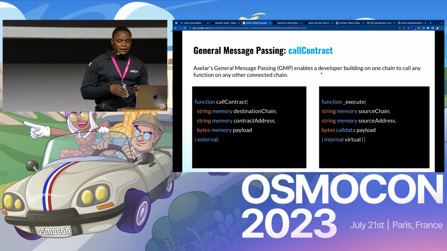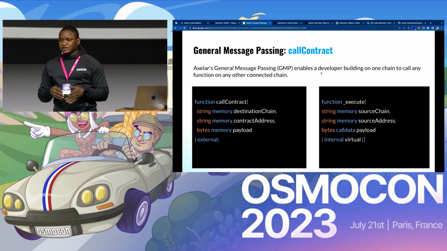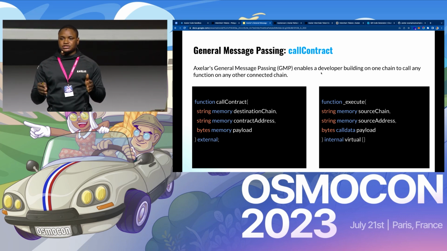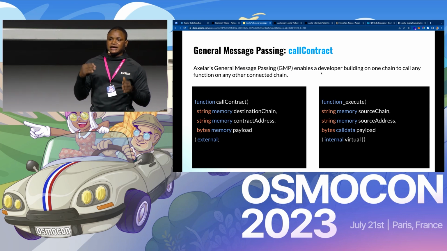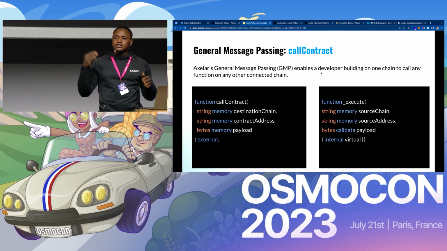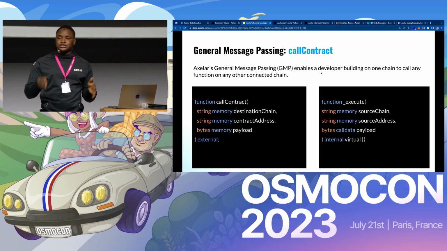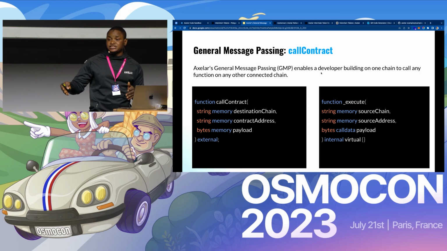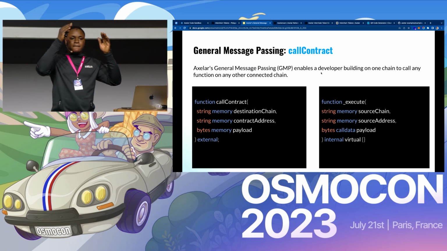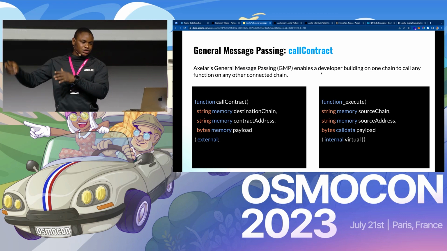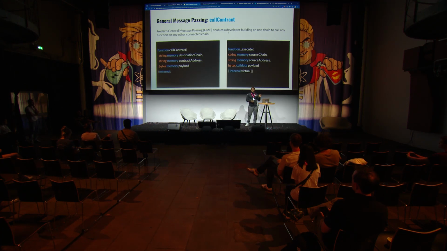And then the function called _execute is a function that gets run automatically on the destination chain. So after this call, the execute method gets run on the destination chain when you're trying to send a message from one protocol to the other. So this is basically for sending messages. Remember that you could have anything in the payload: a JSON, an array, or any type that you want.